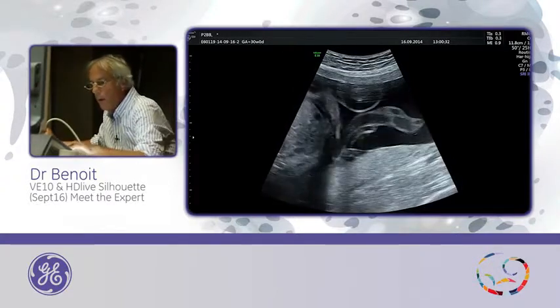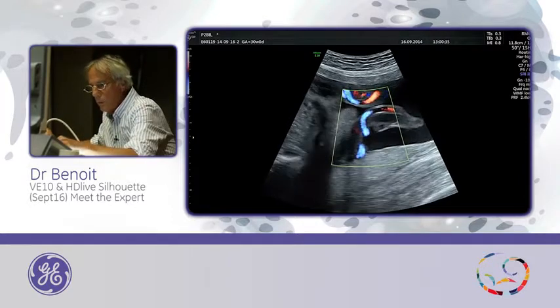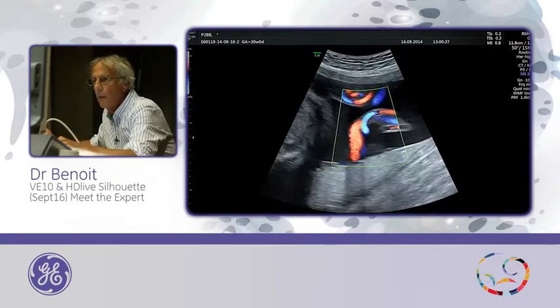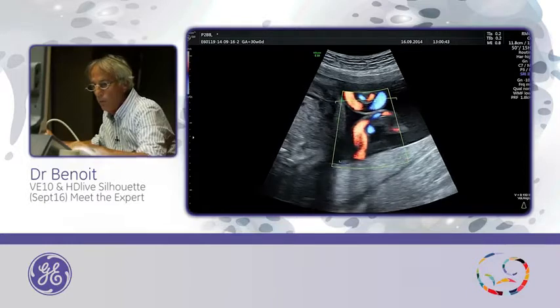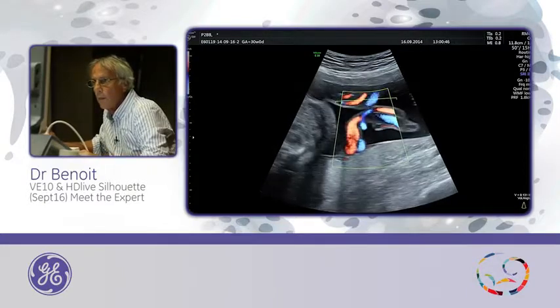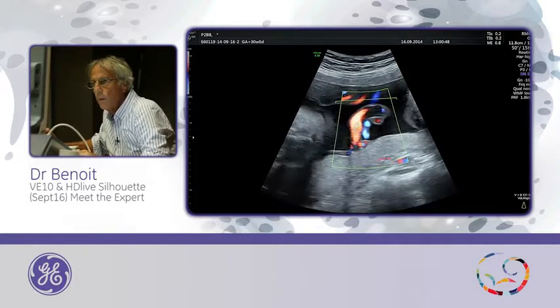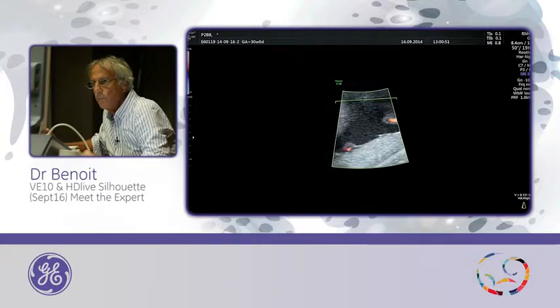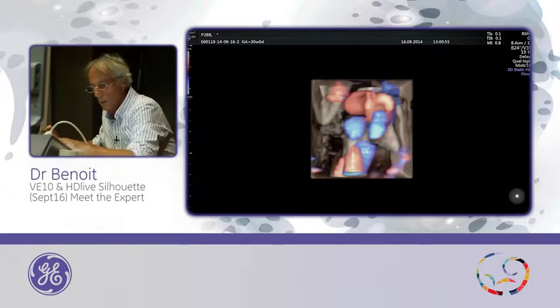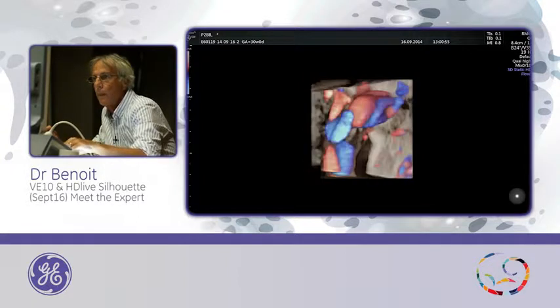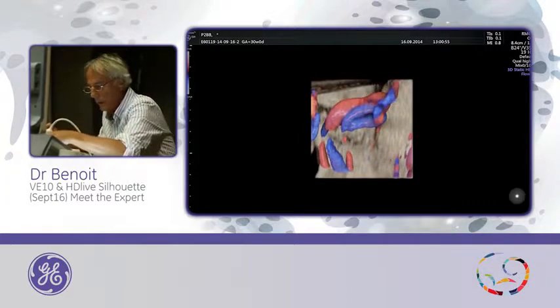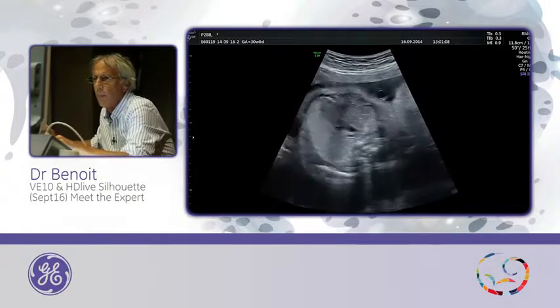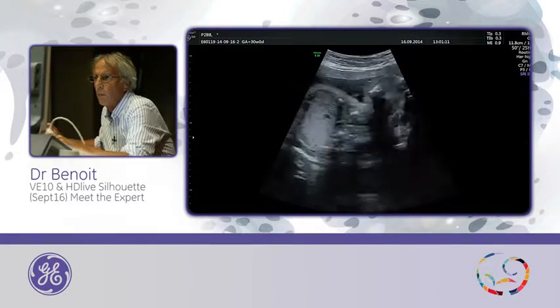So I try to find a place where the cord is not moving too much here. Reduce PRF. So this is the umbilical cord, and I will do volume.